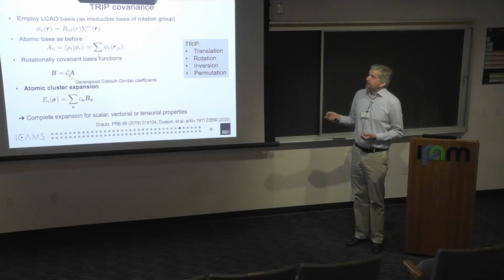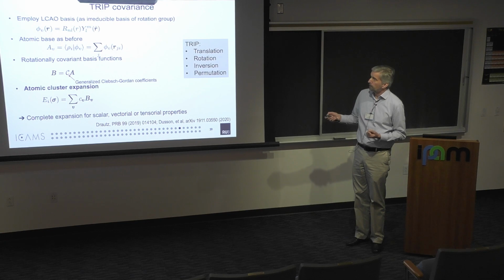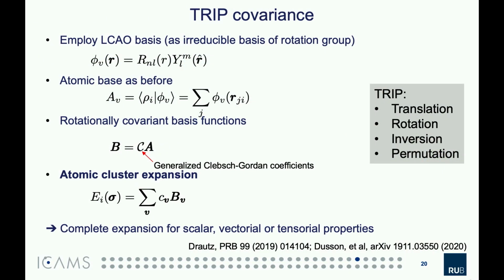Now, if something is invariant under rotation, it makes good sense to work with the rotation group, and basis functions for the rotation group are the spherical harmonics. So this single bond basis function that I introduced earlier, we represent them as radial functions times spherical harmonics. And for the spherical harmonics, we then get products of these.